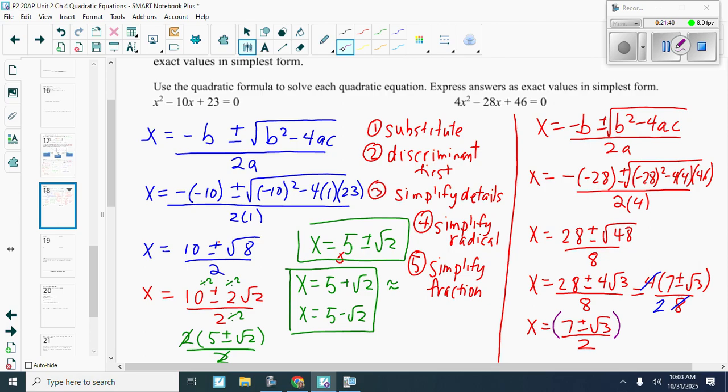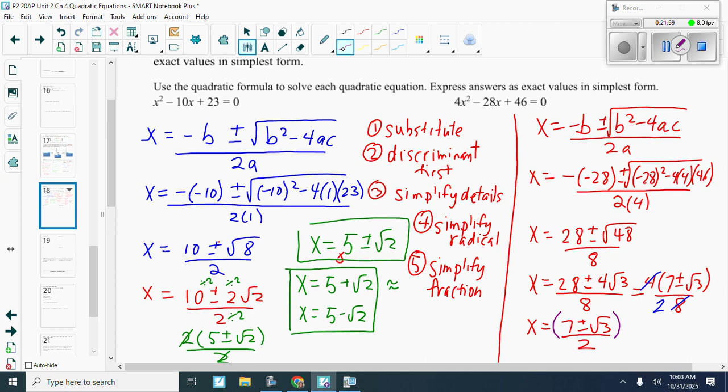Because if you just write 7 plus root 3 divided by 2, you're only dividing the root 3 by 2, not the 7 plus. Your calculator is only as good as the user entering in the numbers.